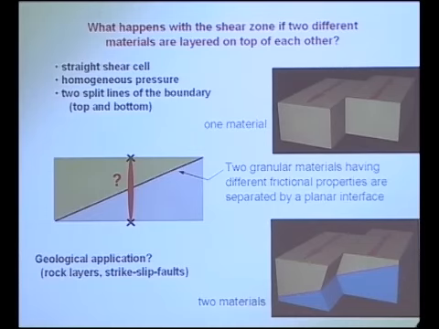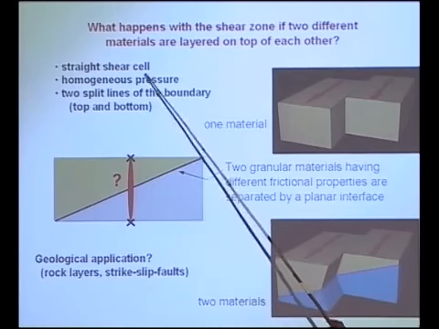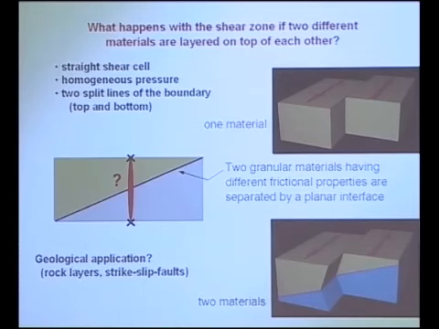And now I would like to see what happens in the case where I use a simple geometry, but I put two different types of material in it. So I'm turning back to my straight shear cell, and I will apply homogeneous pressure.